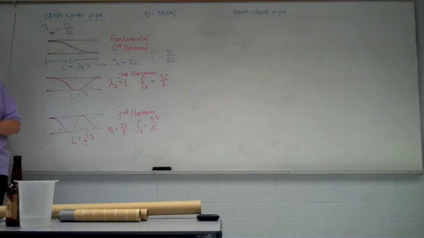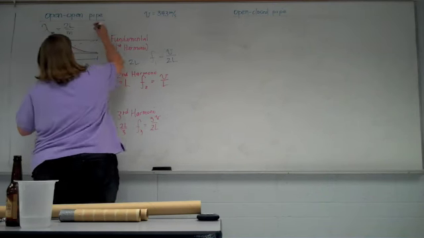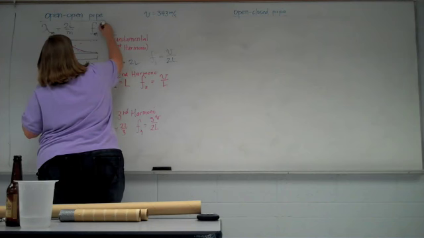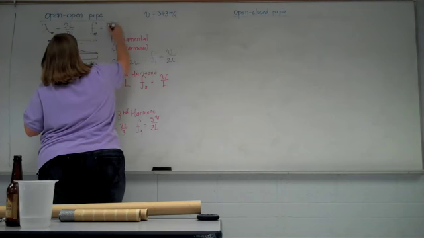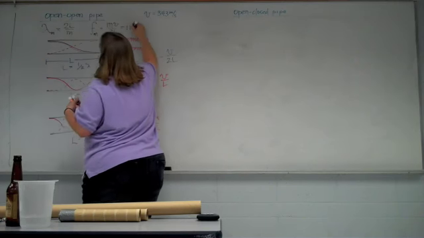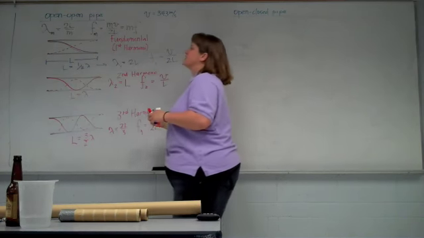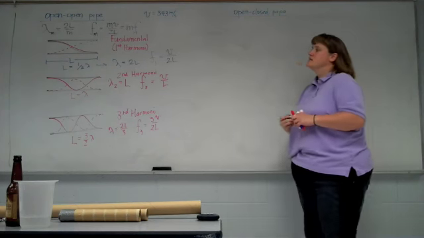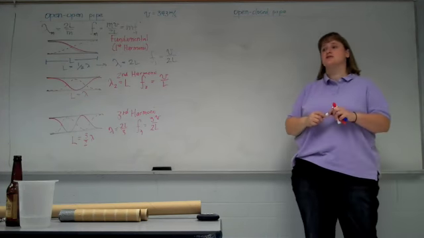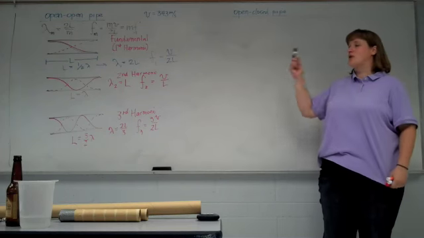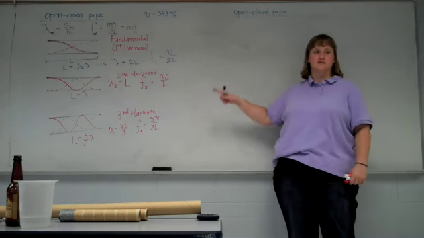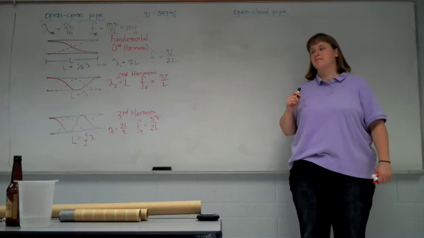It works the same. Which means we can also say the frequency of the mth harmonic is mv over 2L, or it's m times the fundamental frequency. So the same mathematical relationships apply to the open pipe, though the pattern looks a little bit different.